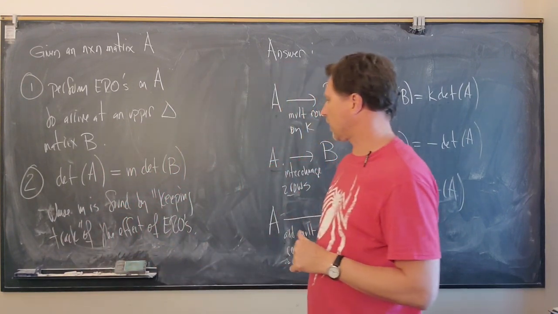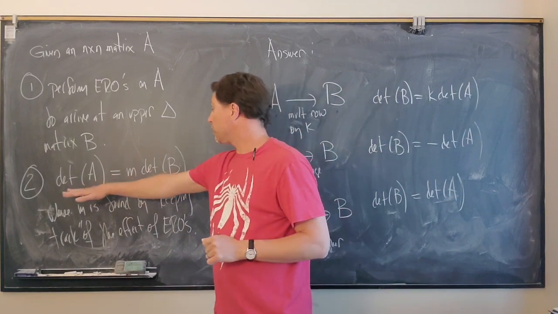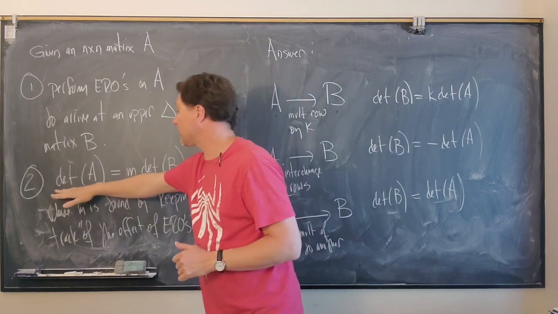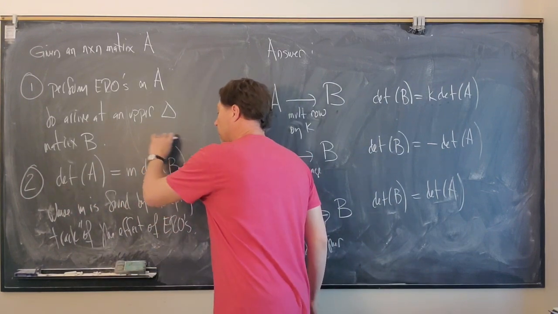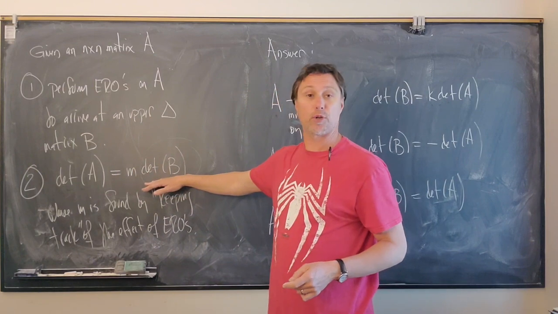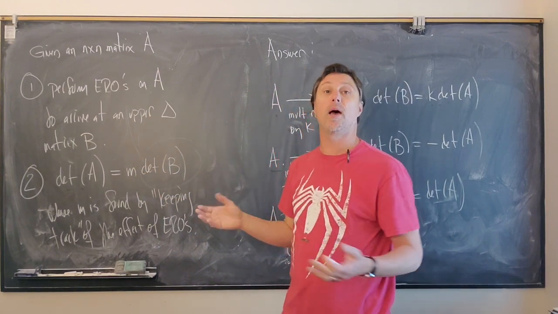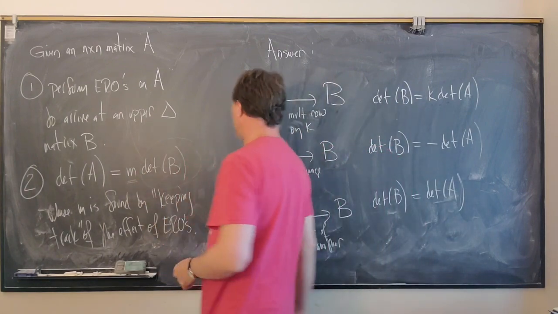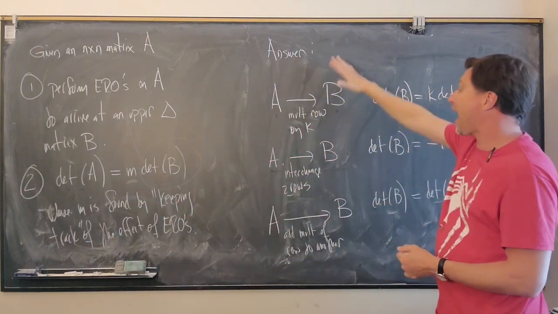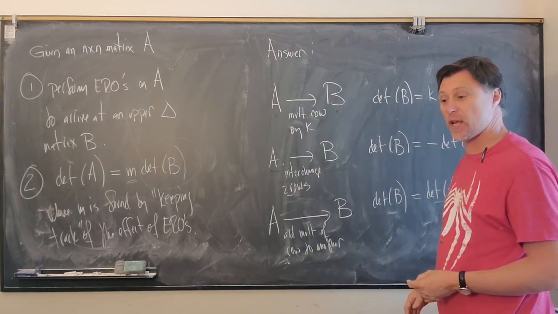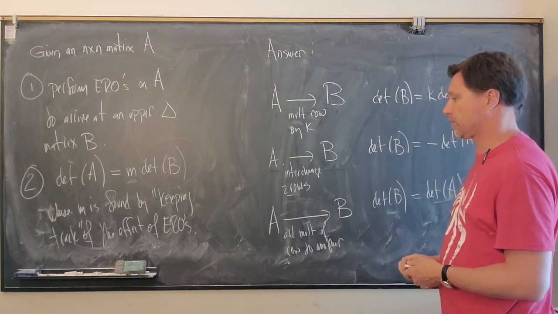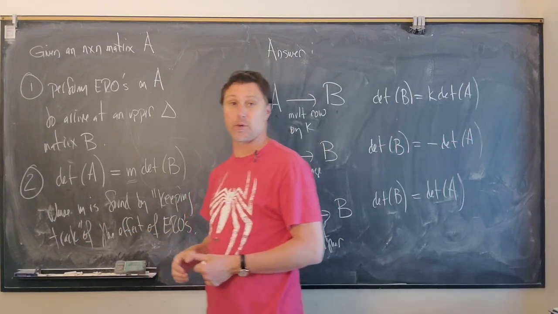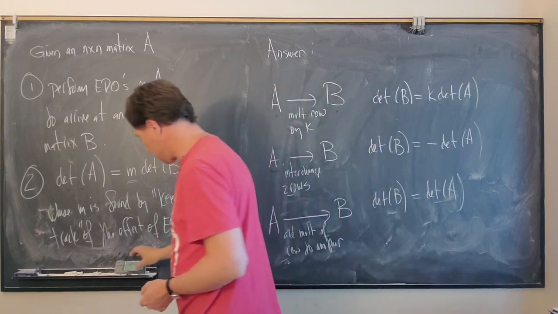So we compute the determinant of B, multiply it by this correcting factor, and that's going to give us the determinant of A. Computing the determinant of B is easy because it's an upper triangular matrix, so all we need to do is multiply the diagonal entries. And this m we figure out by remembering how each one of the elementary row operations changes the actual determinant. Okay, so let's actually do an example now.